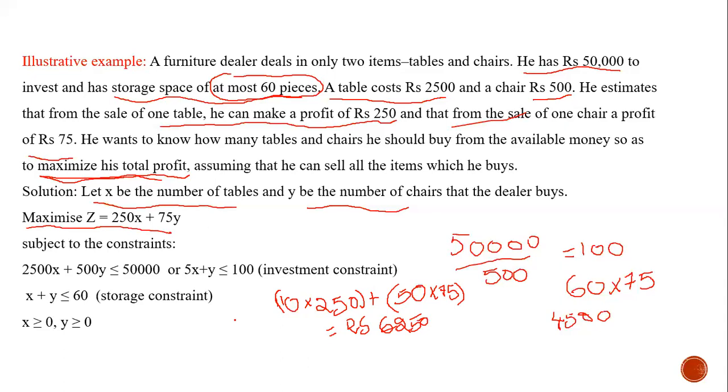Okay. So suppose he is not interested in 10 tables and 50 chairs, but he is interested to invest on only tables. In that case, let us see what would be the profit. He has rupees 50,000, and a table would cost rupees 2,500.